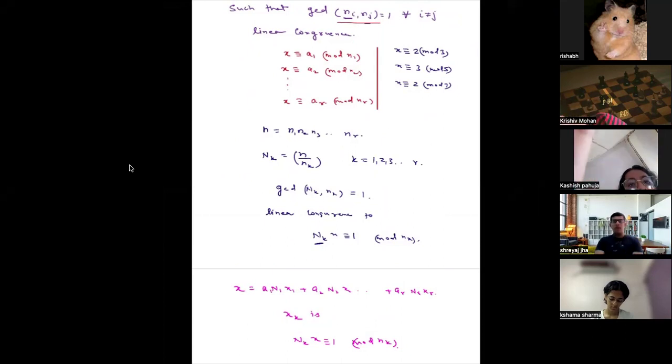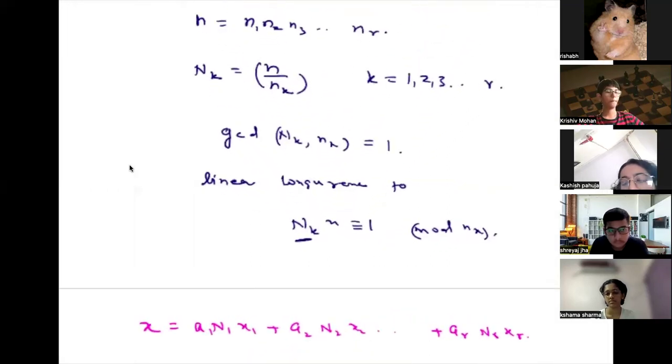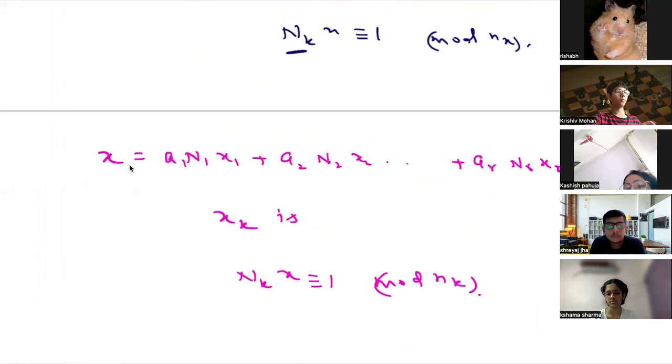Now, note this down, everyone. So what are n, Nk, and the other symbols, and how do we find them?